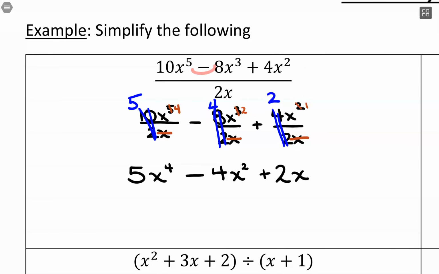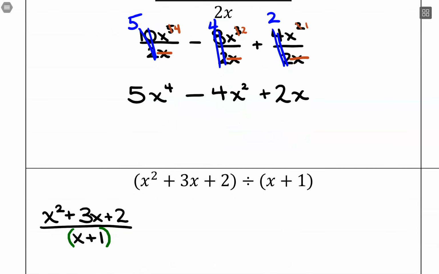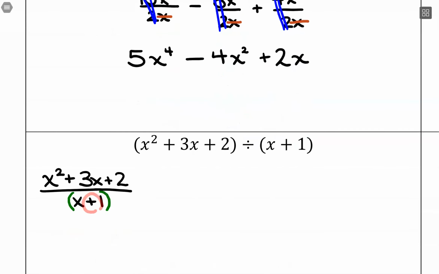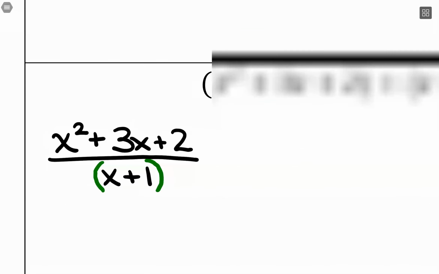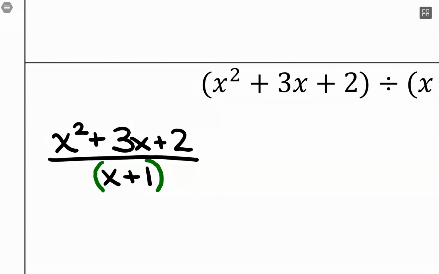If there's addition and subtraction in the numerator, that's not too bad to deal with because that just helped us separate the individual terms. But having addition, subtraction in the denominator tends to make things more difficult, so we just have to be extra careful that we don't start canceling things. Essentially, to cancel anything out from the denominator right now, it needs to be this entire x plus 1.